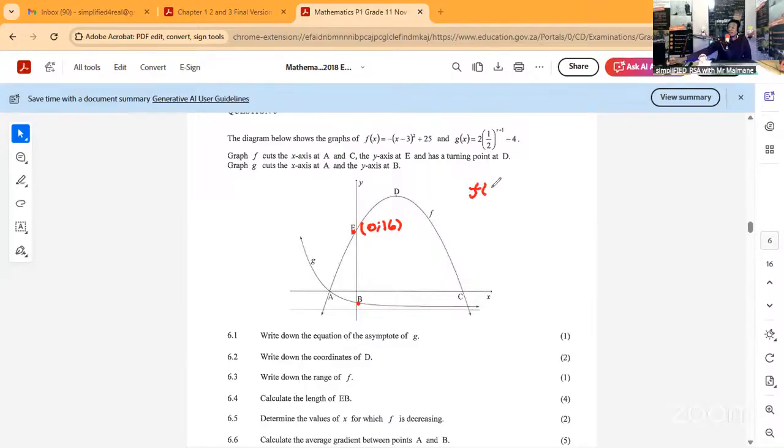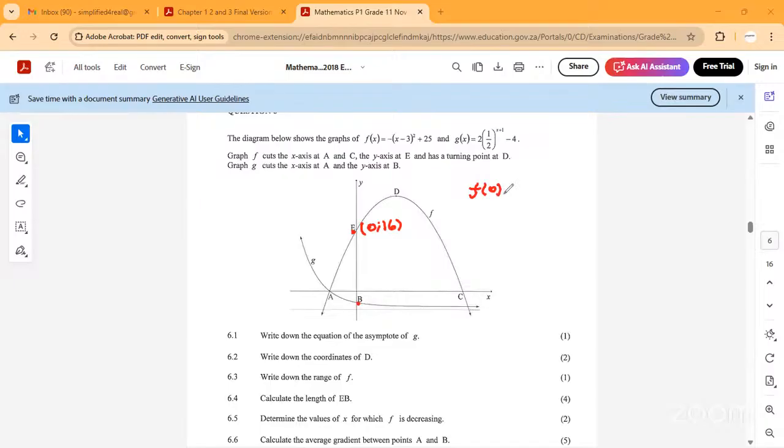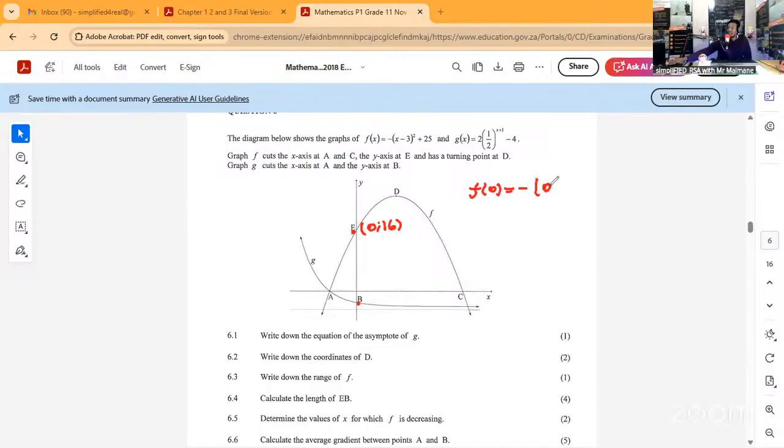All right. So you found f of 0 because x is 0 there. Therefore, that was minus (0 minus 3) squared plus 25. Therefore, this gave us minus (negative 3) squared plus 25, because 0 minus 3 is just going to be negative 3.